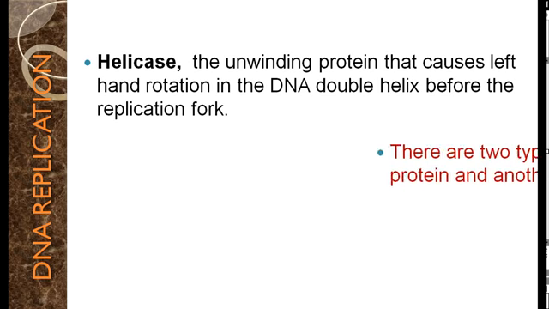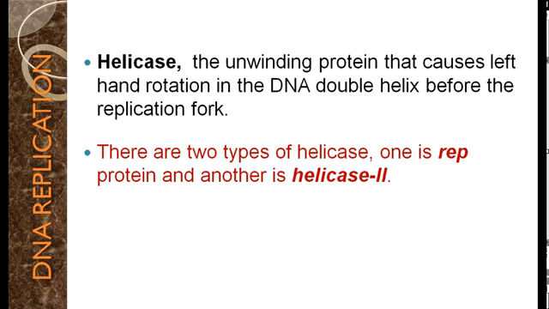Now the hydrogen bonds are very weak bonds. They can break easily, so they can form easily, they can reform. Now it is said that helicase has two types. One is rep protein and another is helicase 2.